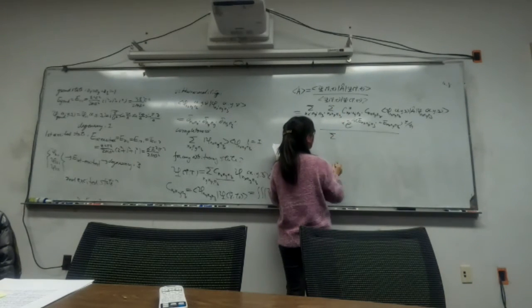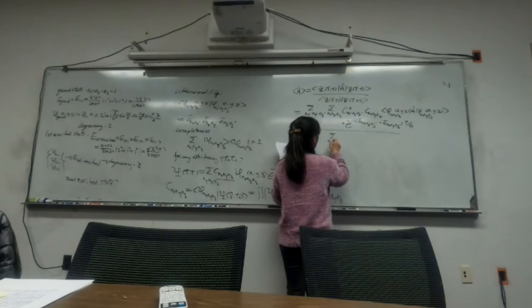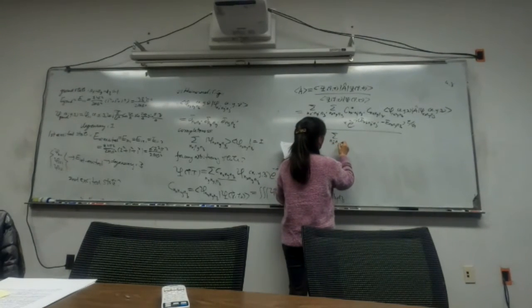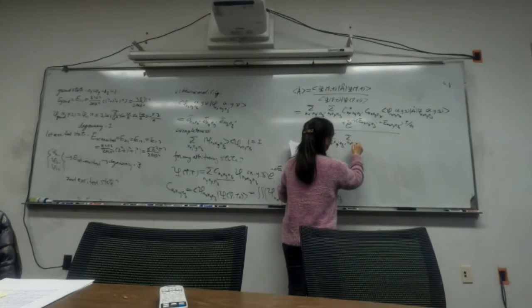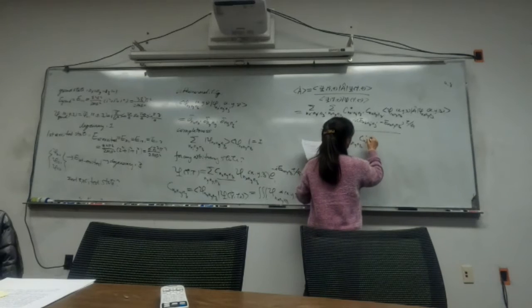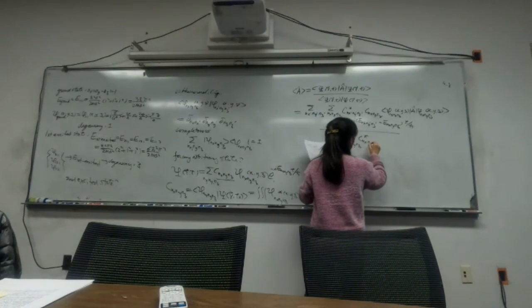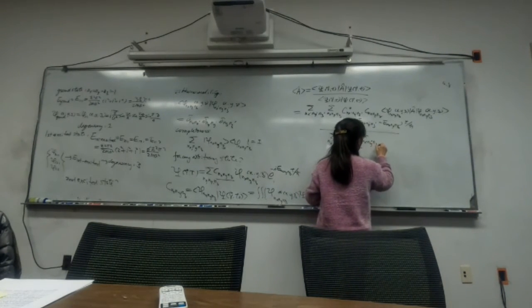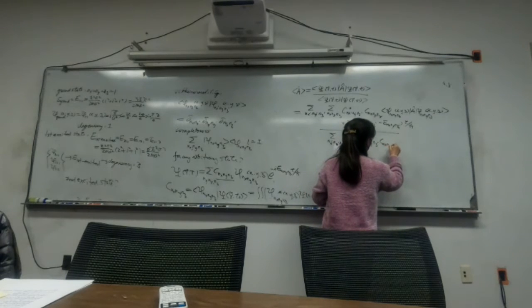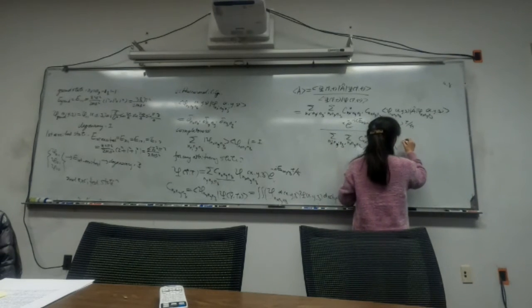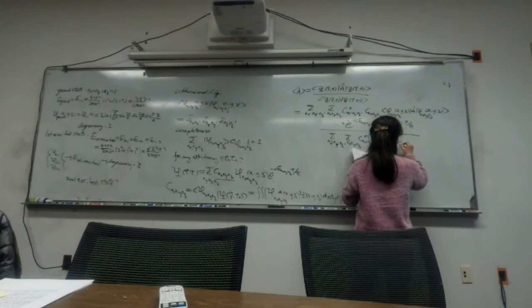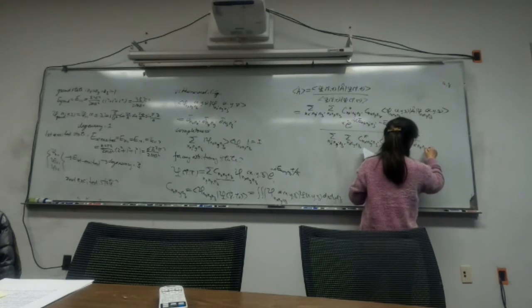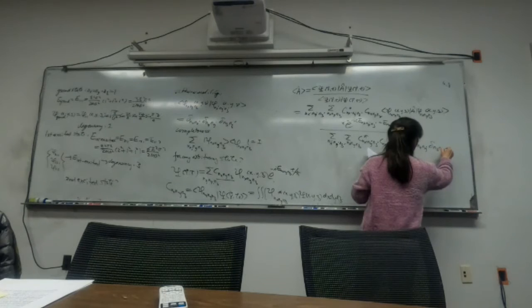The denominator is simple. It is c nx prime, ny prime, nz prime, c nx, ny, nz, and then delta nx prime nx, delta ny prime ny, delta nz prime nz.